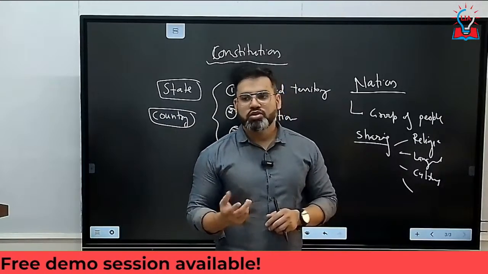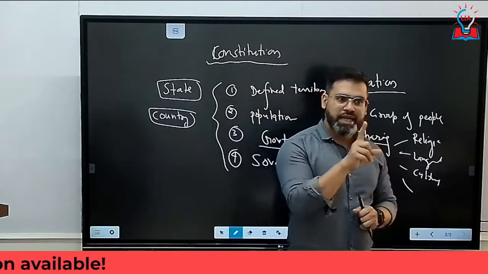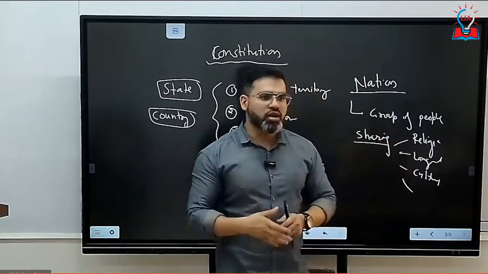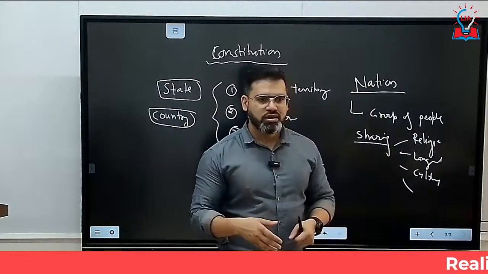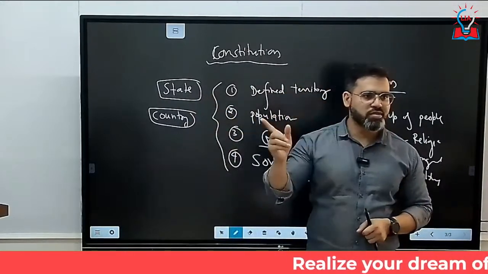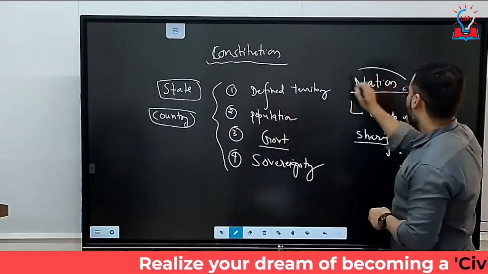So they were a nation, but they were sharing something, the same religion, correct? But when they got the territory, the sovereignty, and the elected government, then they became a state. Now you understood nation and state? Clear? So this is nation and that is state.